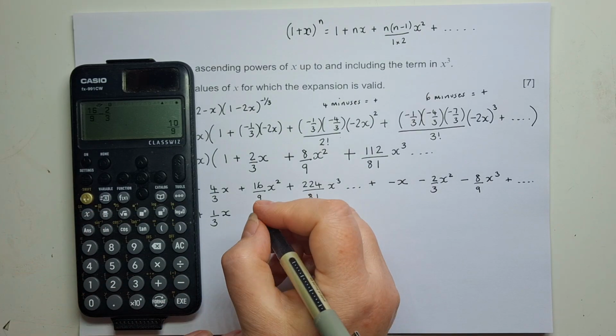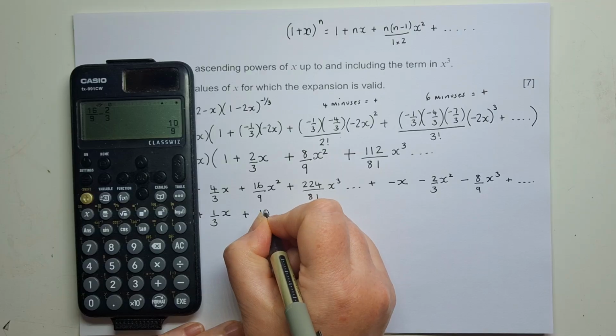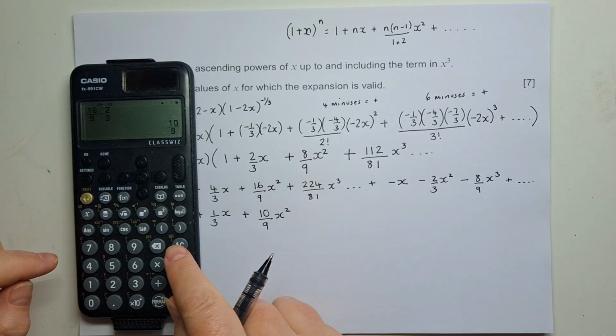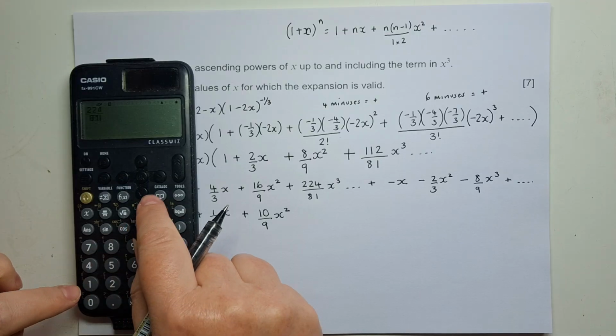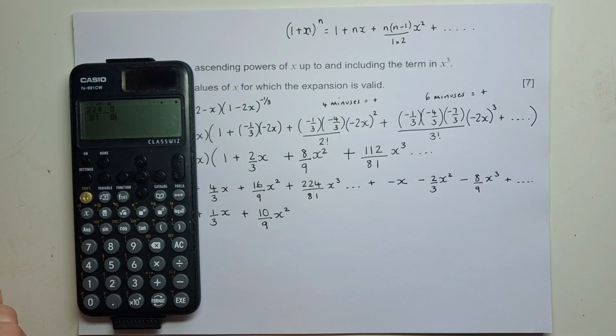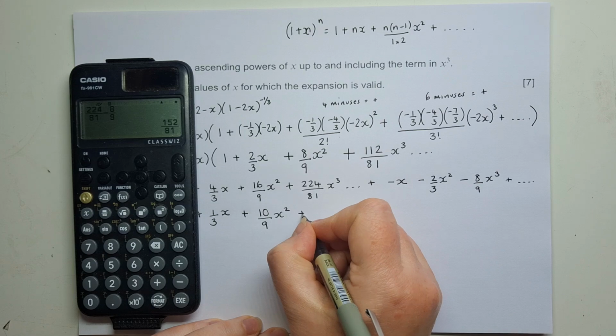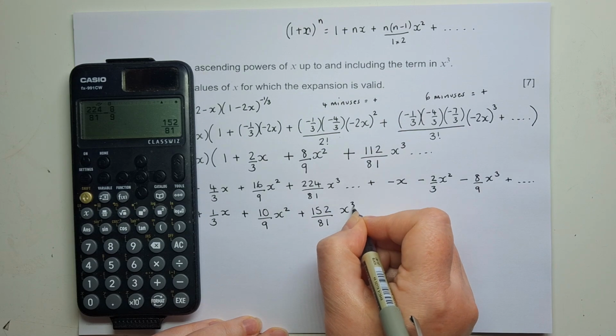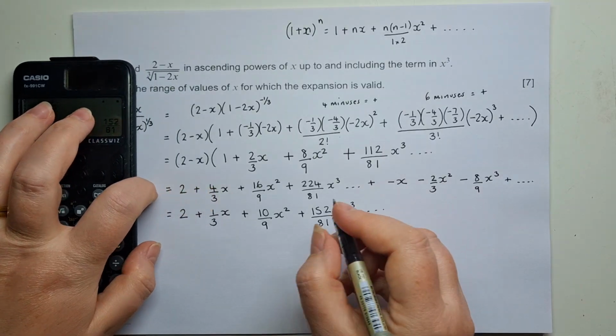I probably could have done that in my head. So that's 10/9. Certainly not this one. 224 over 81, take away 8/9, and that's my cube term. And that's 152 over 81 x cubed. Okay, I mean, that doesn't look nice at all.